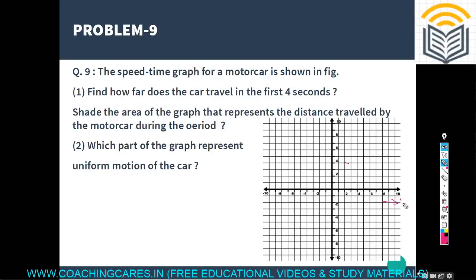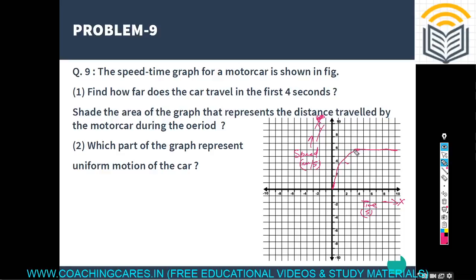This is time along the x-axis, in seconds, and this is the speed, in meter per second, along the y-axis. Initially the graph goes like this, it attains a position, and from this position the graph goes in a straight line.